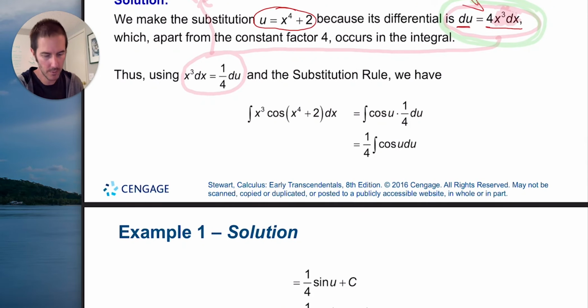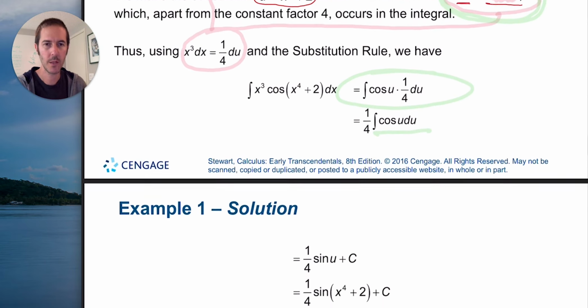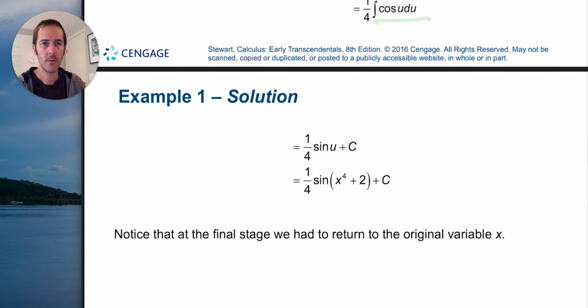I'm right in the middle of the screen, a little bit right of center. I've got this as my new integral. The constant multiple, or the factor of 1/4, can be factored outside of the integral. So now all I have to do is integrate cosine u with respect to u. The antiderivative of the cosine function is the sine function, so on our next slide we're seeing the sine of u.